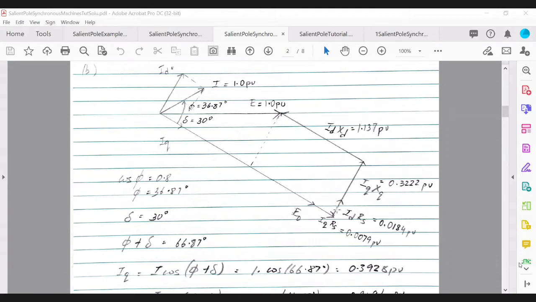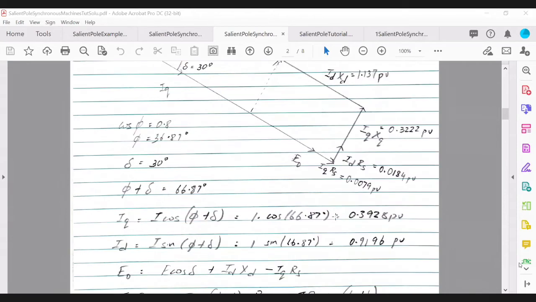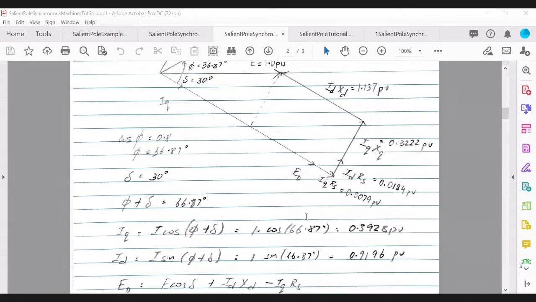That is added to this phasor IQXQ here because it has the same direction. Then the other phasor, which is parallel to IQ, will act in the same direction as E naught. So that's IQRS. So those two components, when we add them on the phasor diagram, change the equation for you to determine E naught.